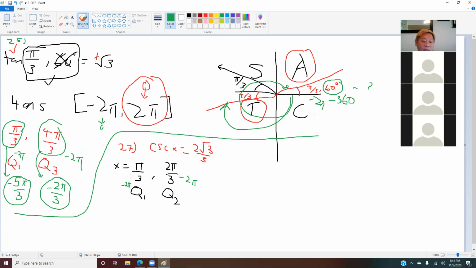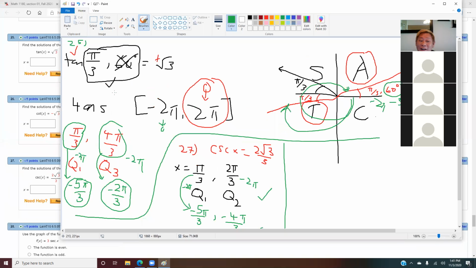So what you get for this one when you subtract 2 pi is negative 5 pi over 3. And what else? 4 pi over 3, for the negative, forget the negative. Yep. Tough? You guys just need to practice.